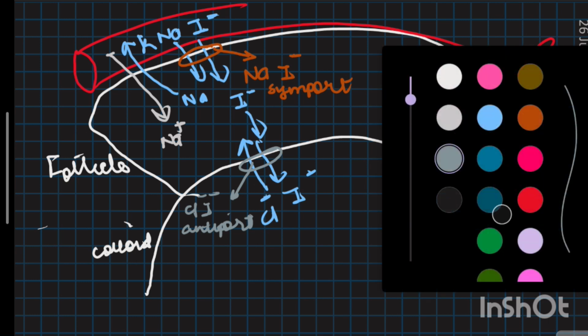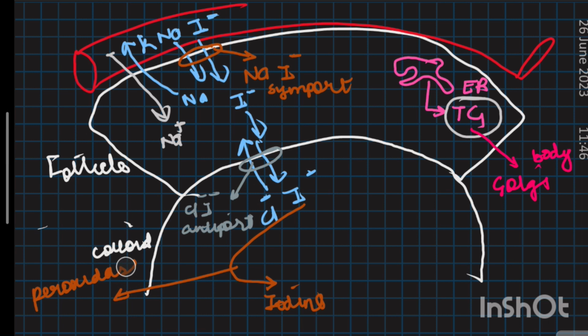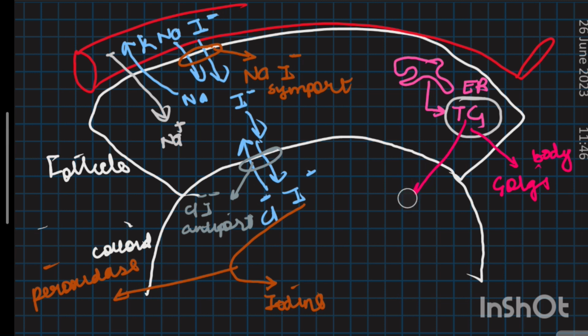Now this iodide in the colloid has to convert to iodine, which is the oxidized form, and this is called peroxidase. Now see, this thyroglobulin enters the colloid and iodine enters the colloid.